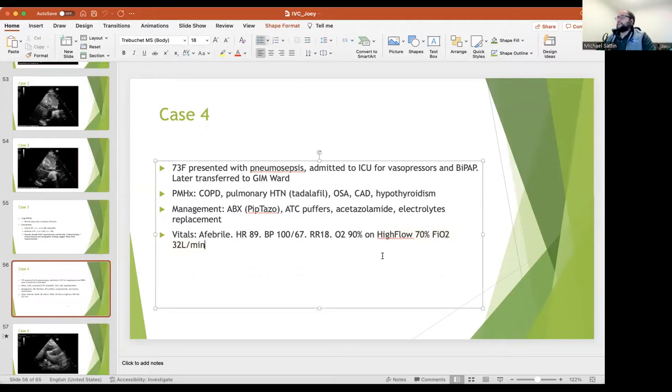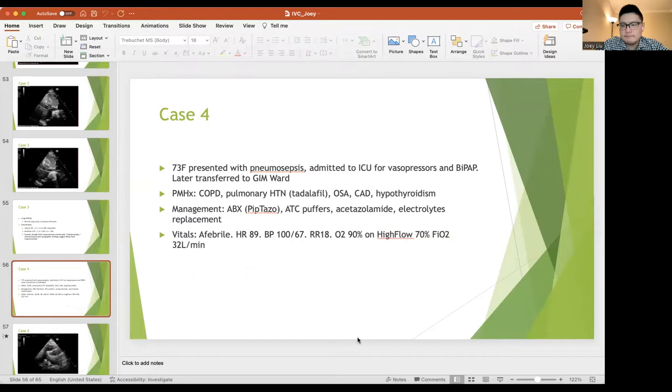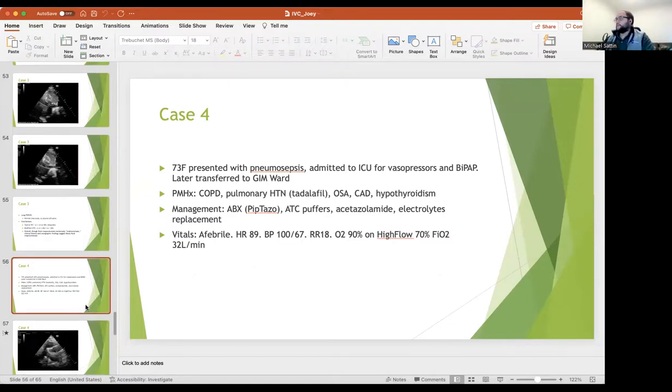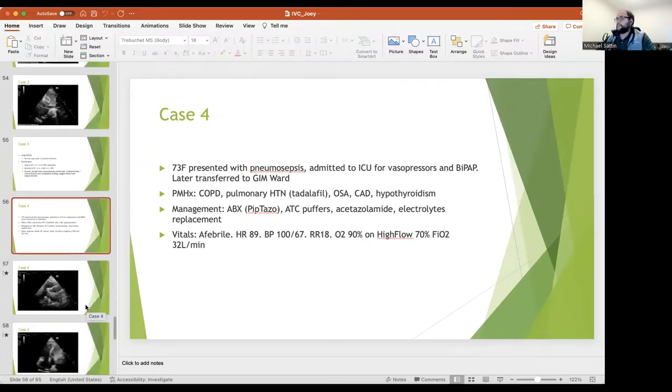So is fluids a reasonable or appropriate option? What are you hoping to enhance? Nothing, because they're not hemodynamically unstable. Are they fluid tolerant? Absolutely not. So assessing fluid responsiveness is not actually a necessary question here. That would be how I would have made my way there. And so the IVC, whether it's 1.6 centimeters, whether it collapses, doesn't mean anything.